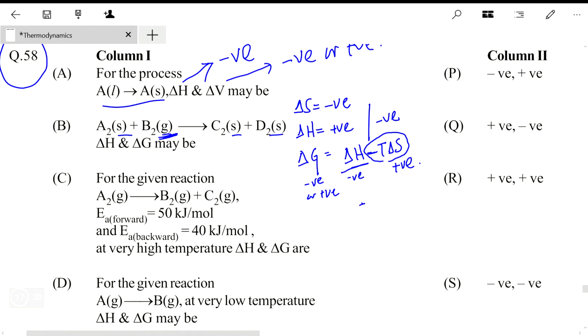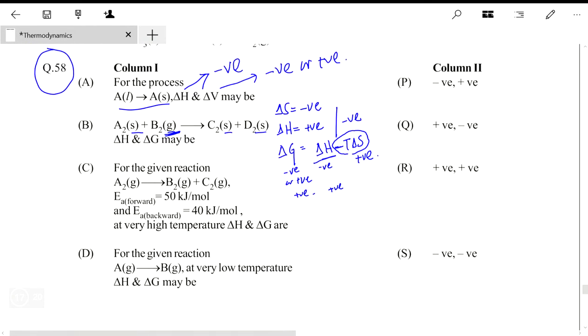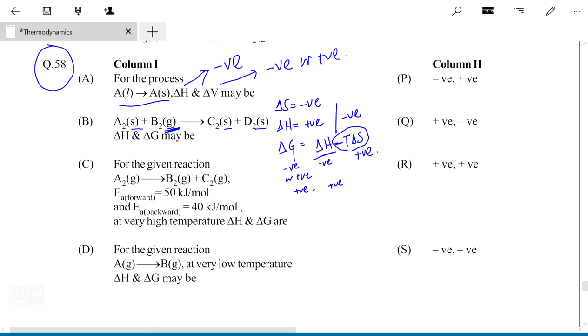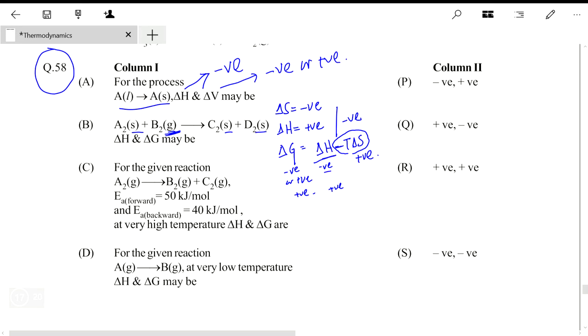But if delta H turns out to be positive, then delta G has to be positive as well. So we can have negative, negative as one possibility, negative, positive as another possibility, and positive, positive as another possibility. You cannot have the combination positive and negative.